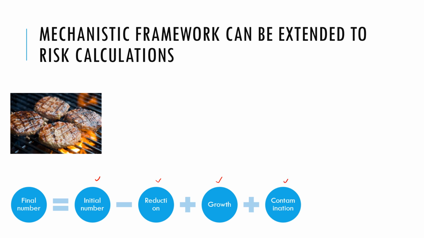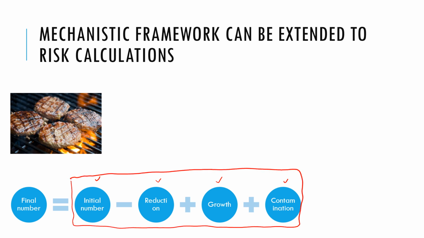By doing that for a number of processes, so for example, it could be storage, transportation, cooking, and so on, by doing this for every one of them, we can combine together and get the final number of bacteria or the final amount of carcinogen in a food serving.